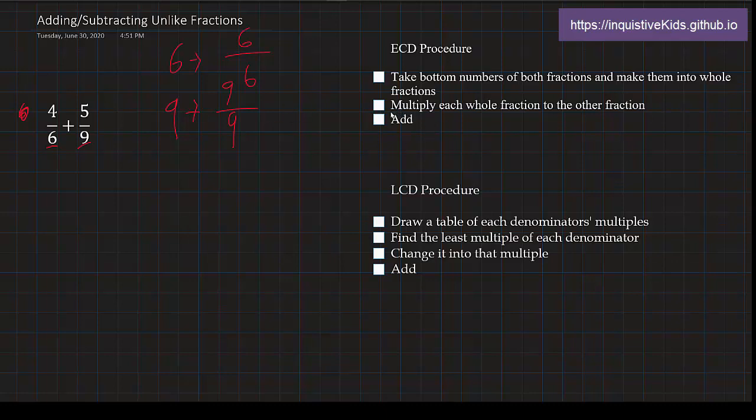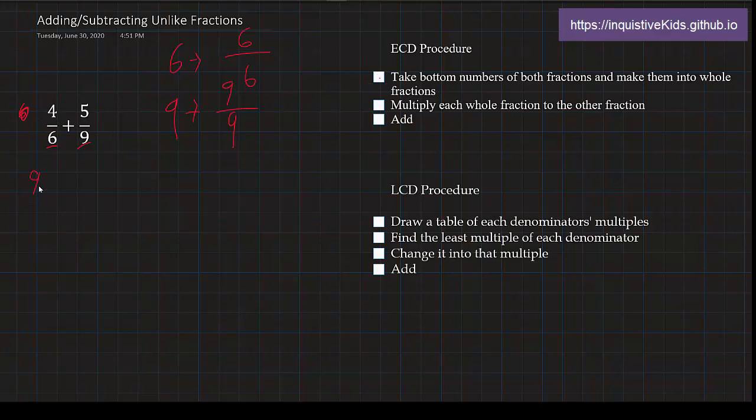And then we have to multiply each whole fraction to the other fraction. If over here it's 9 over 9, we're going to move this to the other side, which is 4/6. We're going to multiply it.